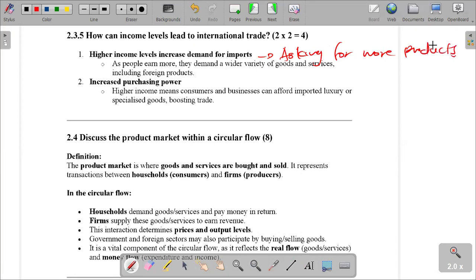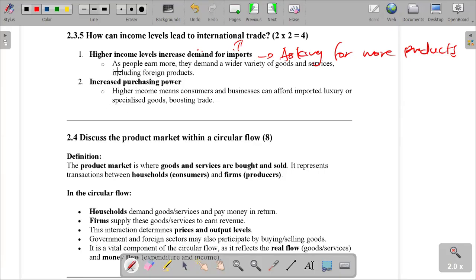So let's say people are earning more than they used to, but there are no products in South Africa. What will happen is that there will be demand for other products which are not available in South Africa. So that increases what? It increases imports.